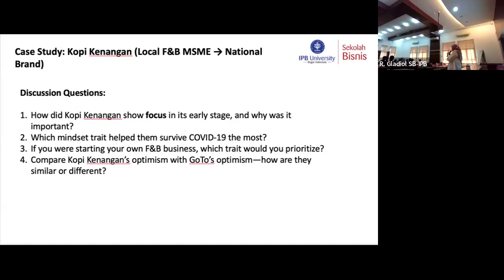Kopi Kenangan pivoted to digital orders while GoTo expanded services and pushed digital transformation. And for the difference, Kopi Kenangan's optimism was product and customer focused, while GoTo's optimism was ecosystem focused. Okay, developing an ecosystem. Good.